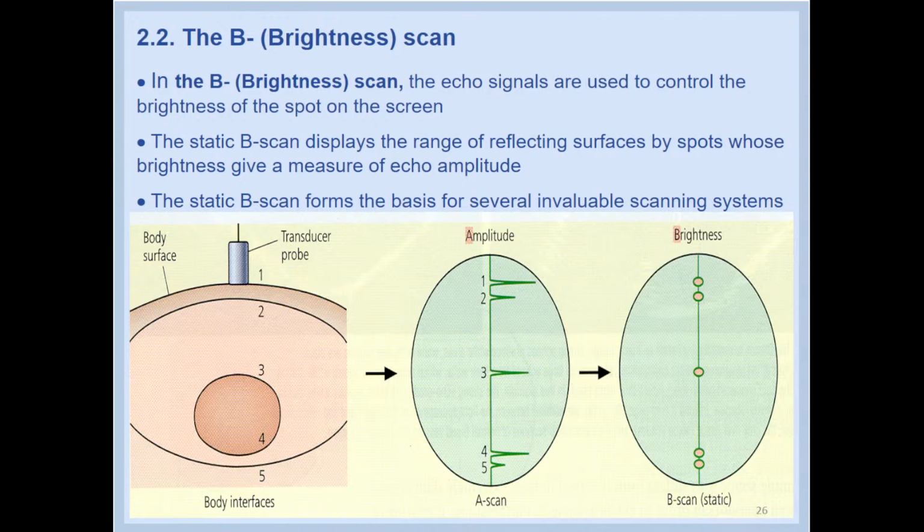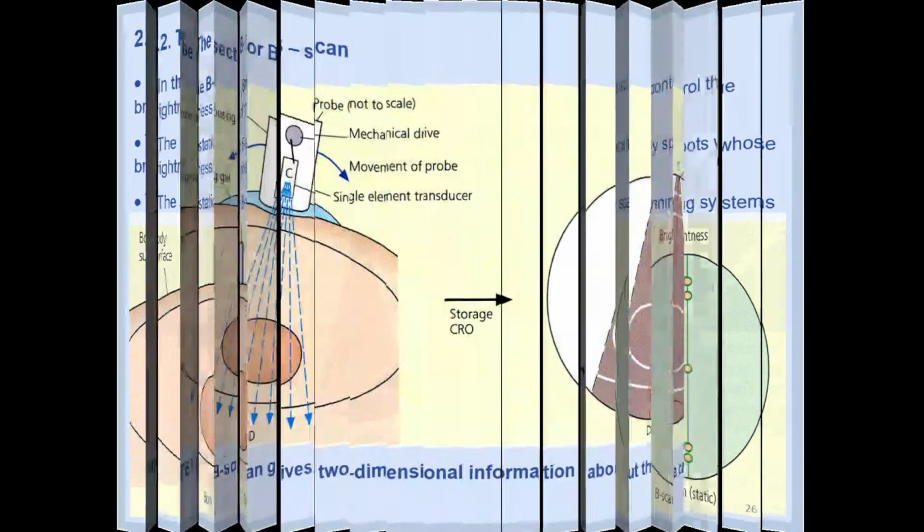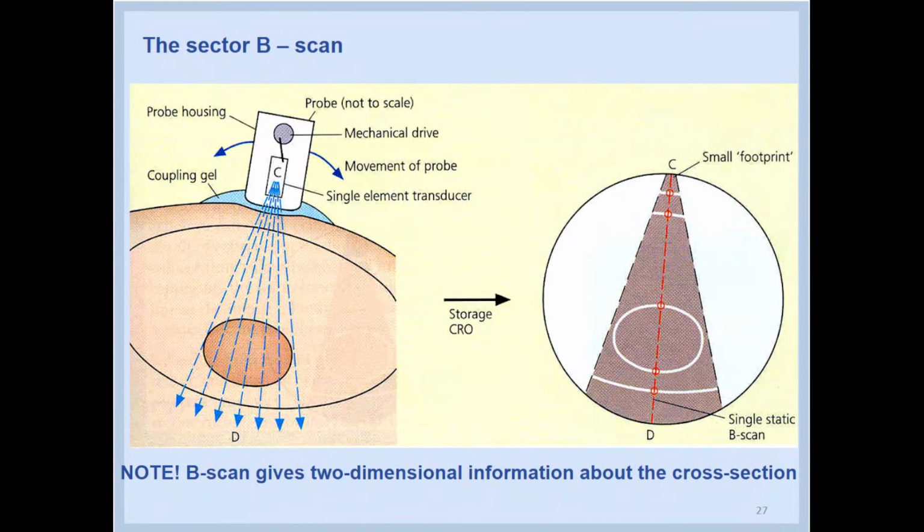The simple sector scan is one of the scanning systems implementing the B-scan principle. In the sector scan, the probe is rocked on the patient so that the ultrasound beam sweeps through a fan-shaped sector of interest, rather like the sweeping action of a windscreen wiper on a car.